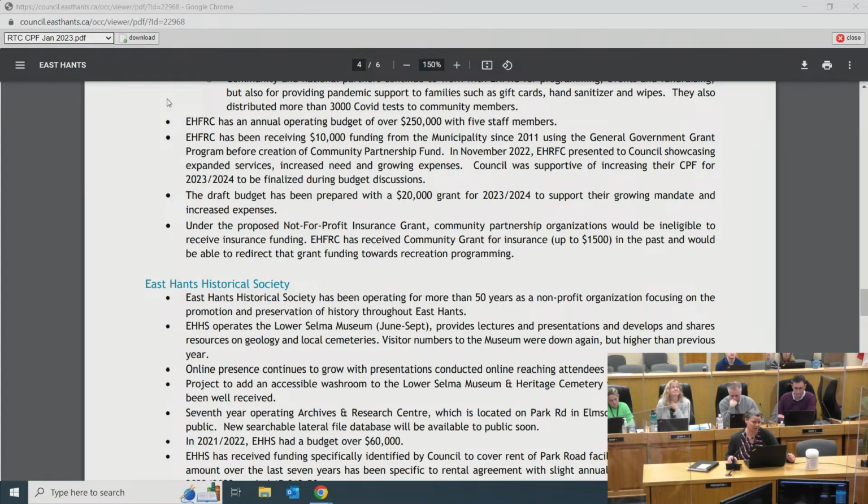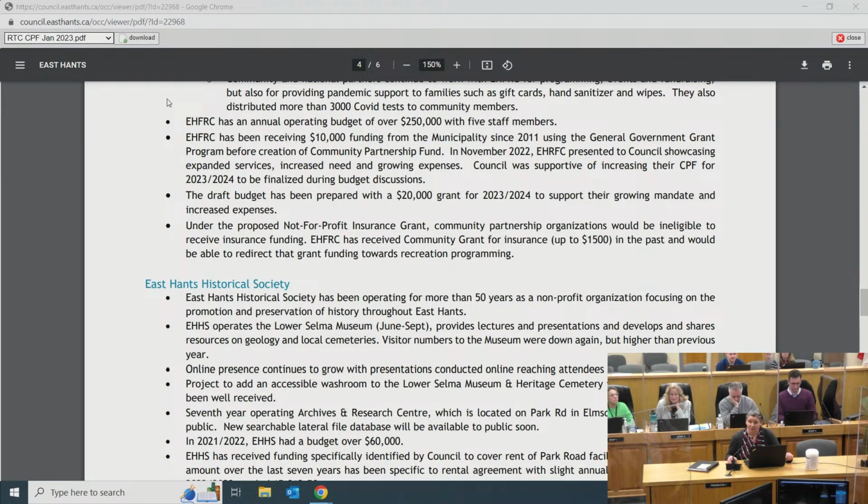I would like to note under the proposed not-for-profit insurance grant, which Council viewed last week at committee, East Hants Family Resource Center has been receiving insurance through the community grant under rec operating, and they wouldn't receive that same $1,500 that way.